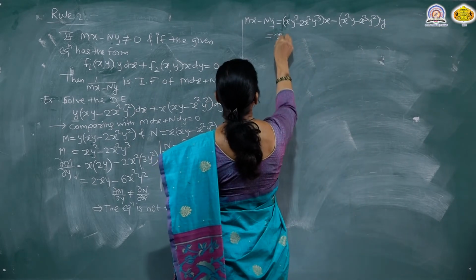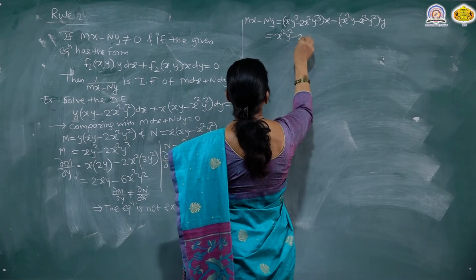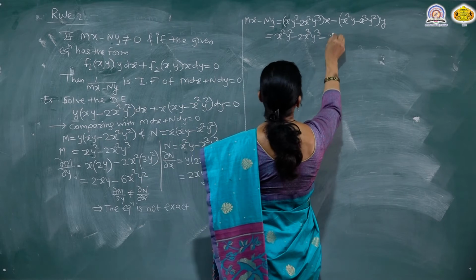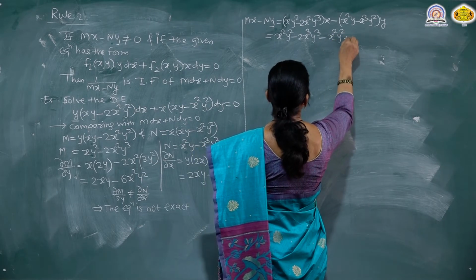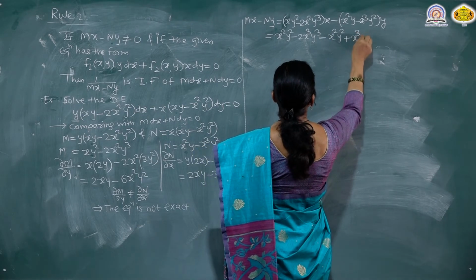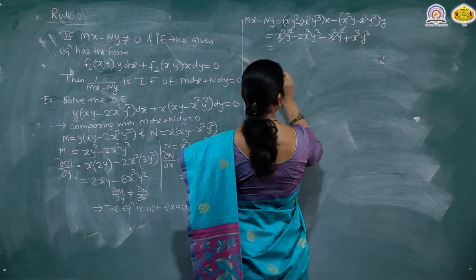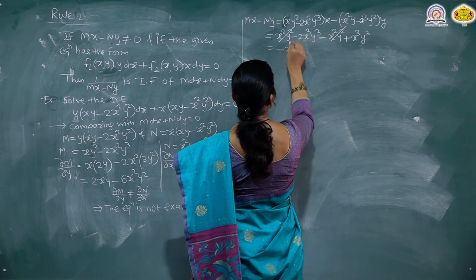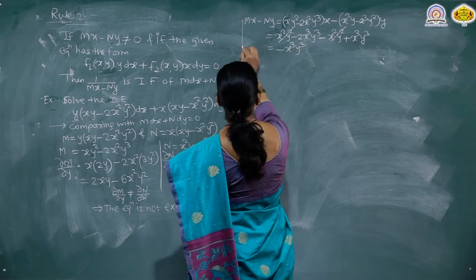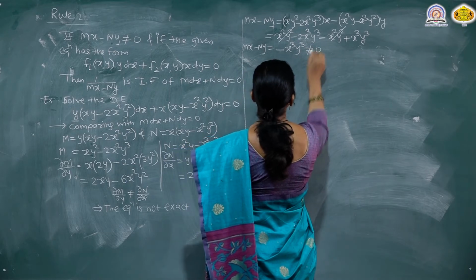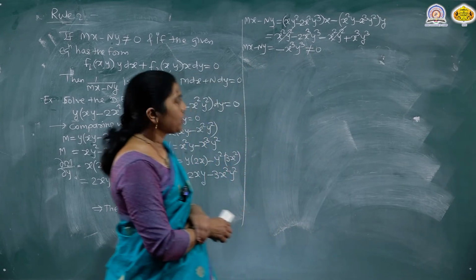This becomes 2x square y square minus 2x cube y cube minus x square y square plus x cube y cube. X square y square gets cancelled and it becomes minus x cube y cube. So Mx minus Ny is minus x cube y cube, that is not equal to 0.